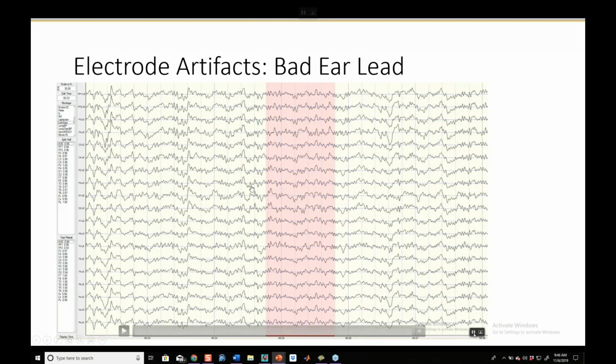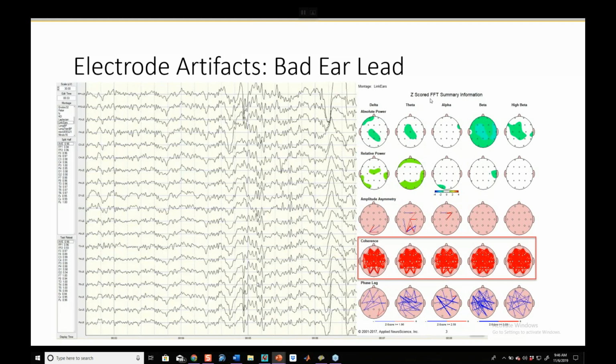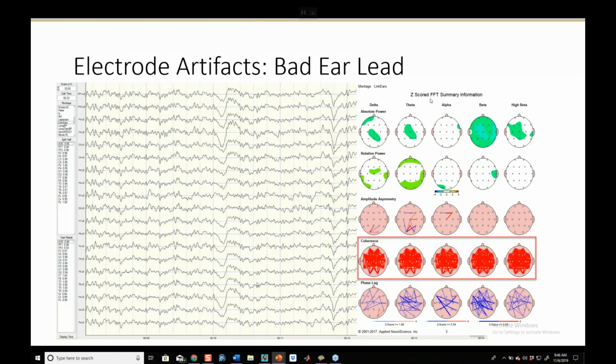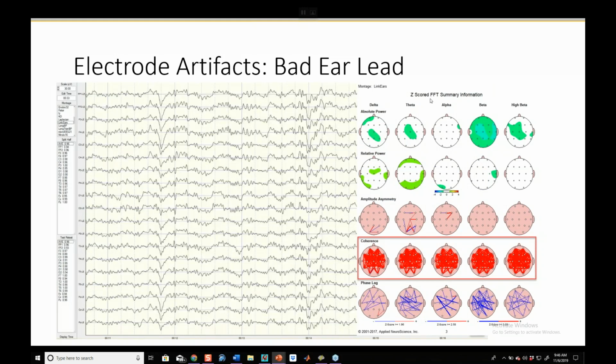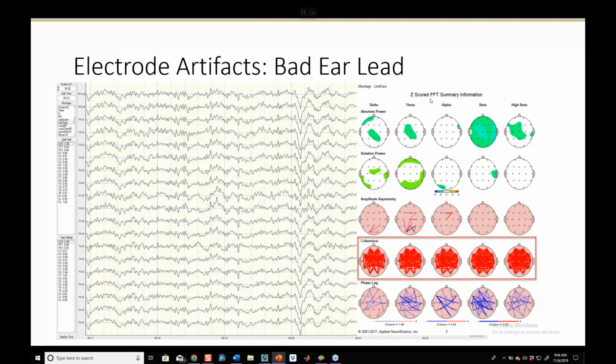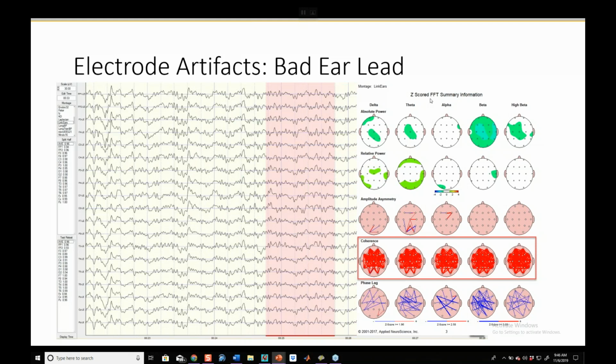So what is going to happen when you have a bad ear lead is we're going to see every channel sharing the bad ear lead, essentially, and it's going to end up looking like this in your maps, right? It's going to throw your coherences. It may throw your phase.